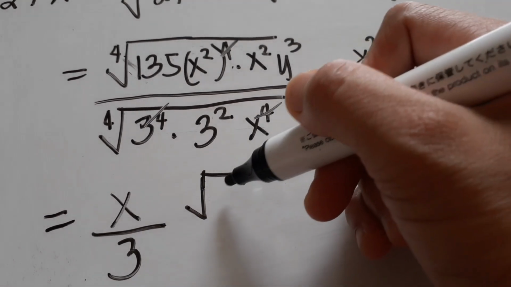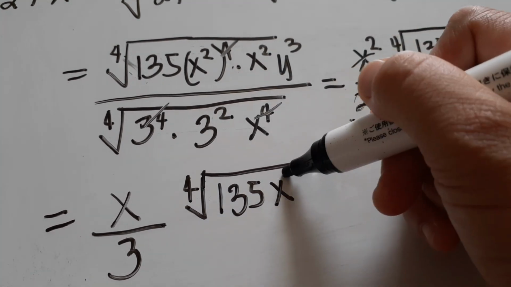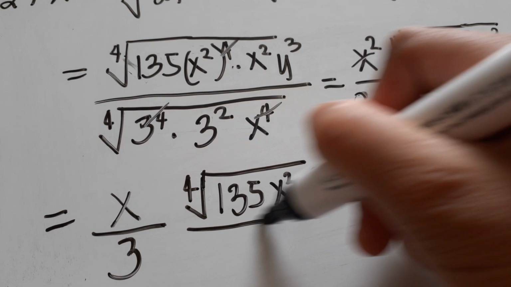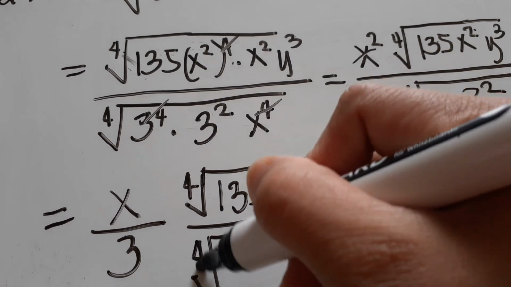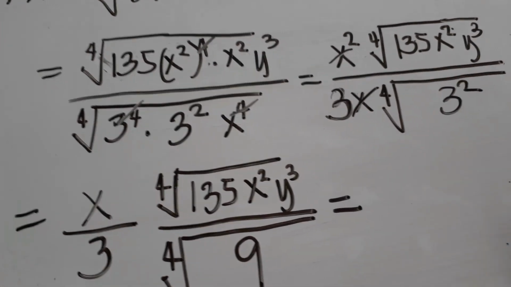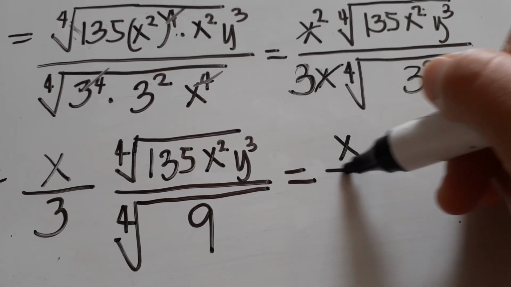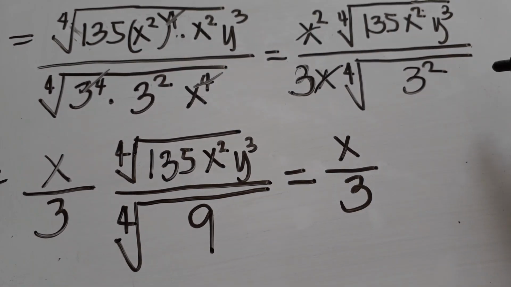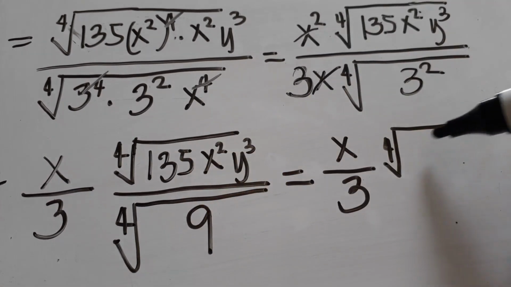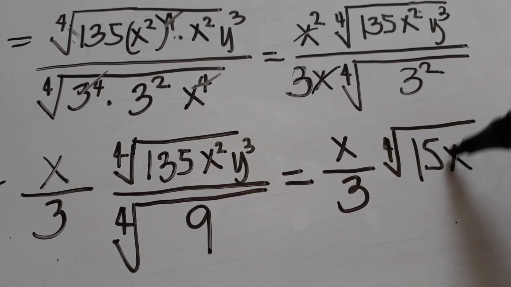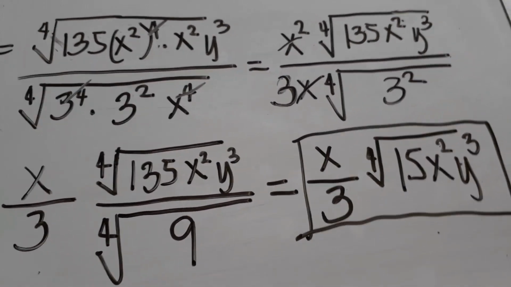And the remaining is the fourth root of 135 x squared y cubed and the fourth root of 9, which is 3 times 3 equals 9, and then x over 3. So 135 divided by 9 is equal to 15. Therefore, our answer is x over 3, the fourth root of 15x squared y cubed. And this is the answer.